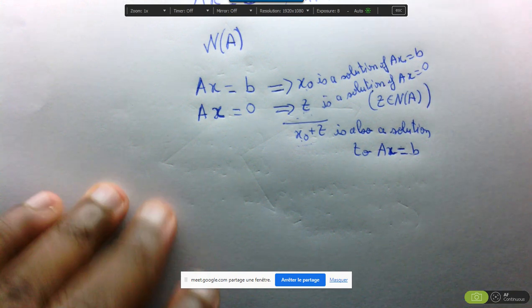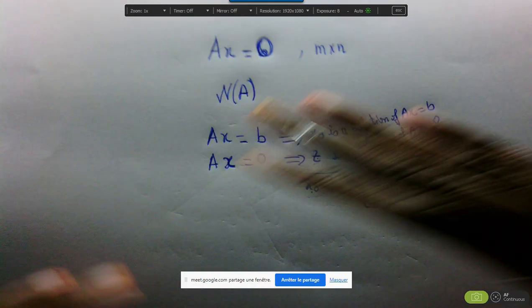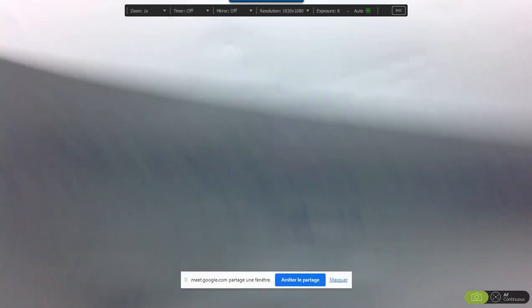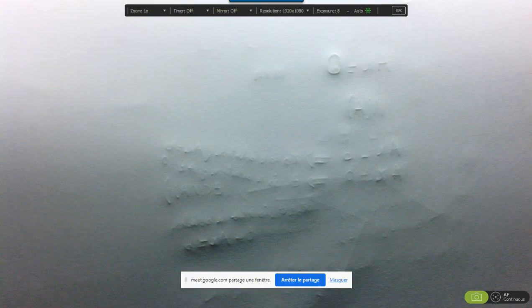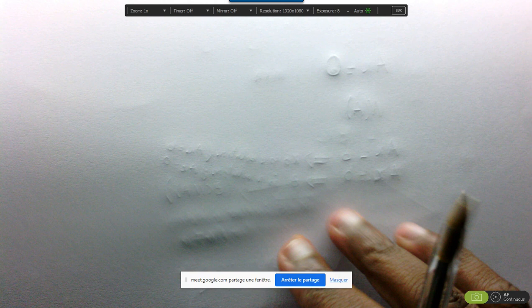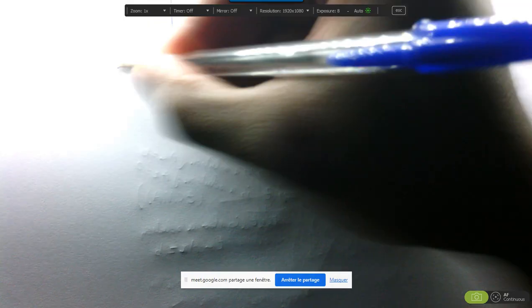Now let's talk about linear independence. So that was the review of what we've seen last week. Now let's talk about the concept of linear dependence and linear independence. So suppose that I have two vectors like that in an xy coordinate.